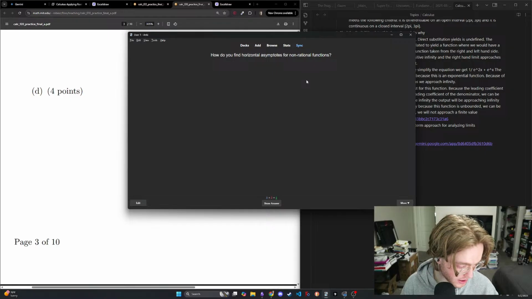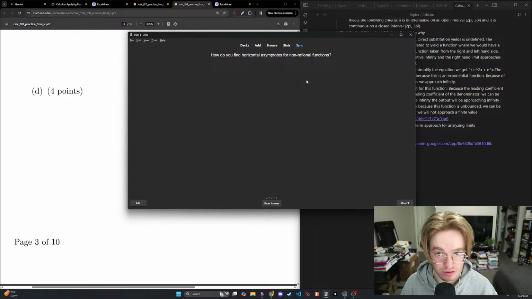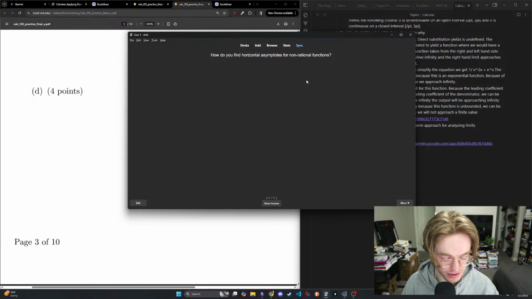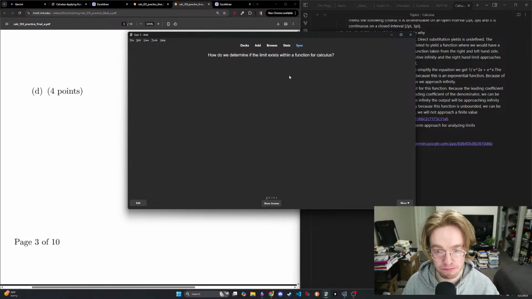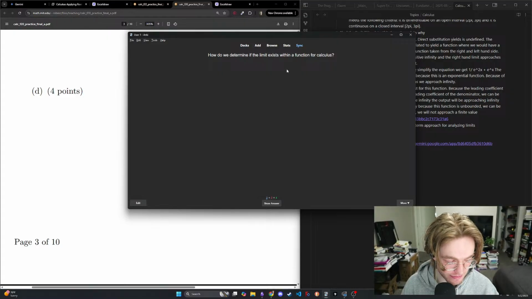Horizontal asymptotes for non-rational functions. You look where... non-rational functions. I guess you take the limit as it approaches infinity and see if it converges on a finite number. Okay, so you want to take the limit directly.